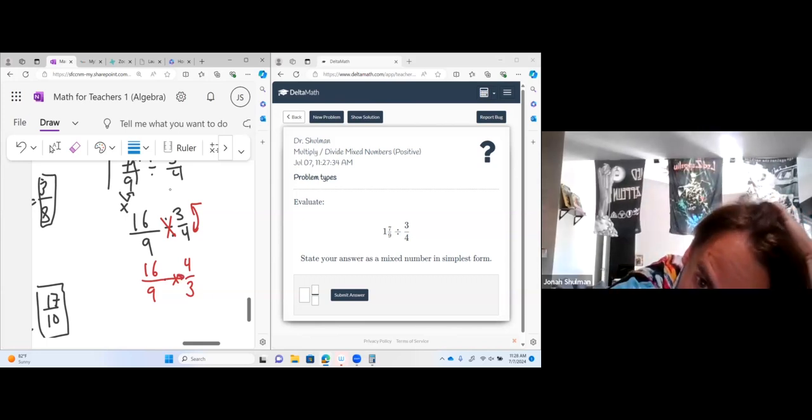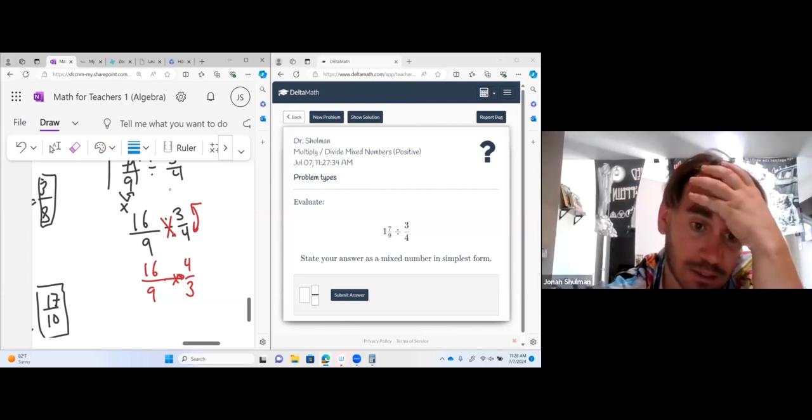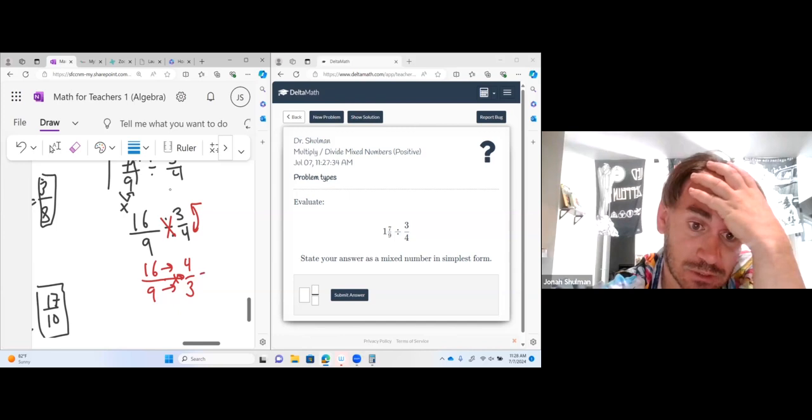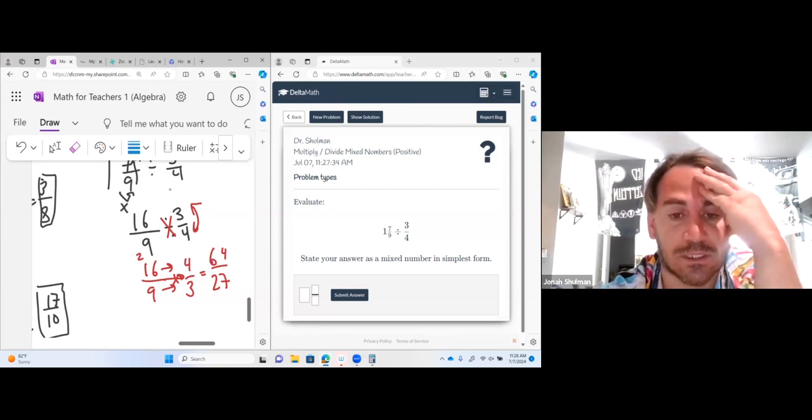It'd be much easier if it was multiplied, so we can do some canceling already, but we can't. So what's the best way to think about this? 9 times 3 is 27. And 4 times 6 is 24. Carry the 2. 4 times 1 is 4. Plus 2 is 6. 64 over 27.